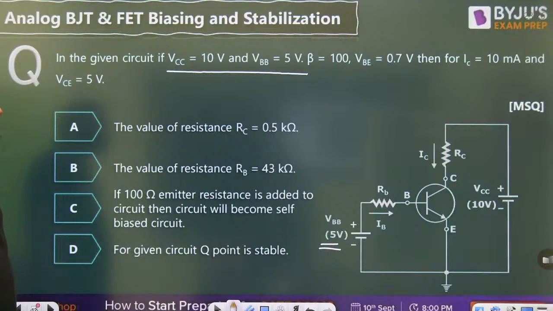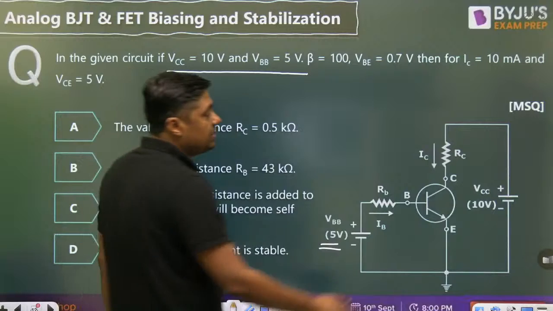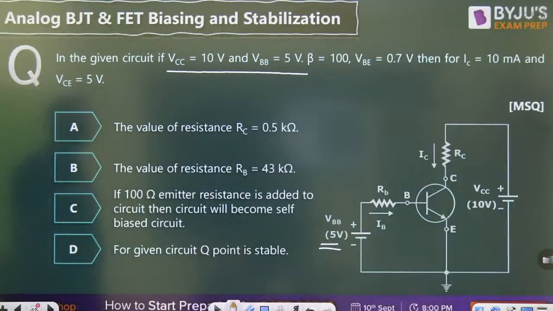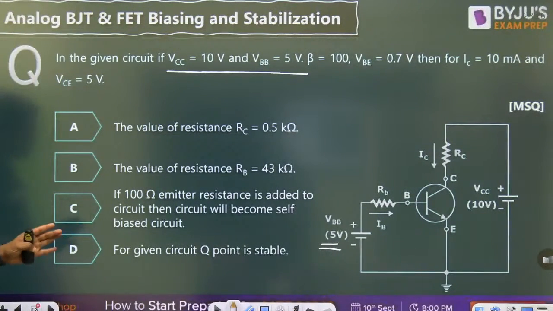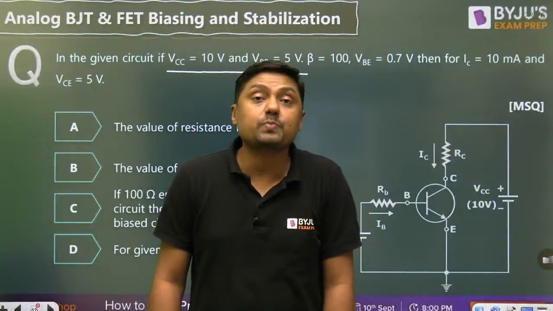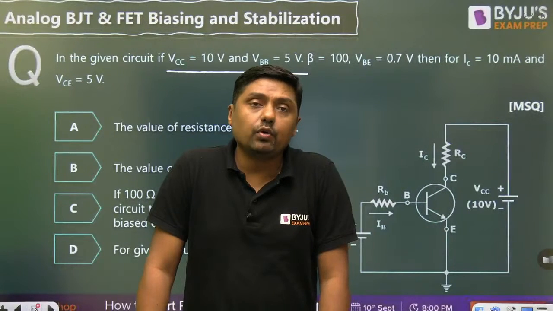Then for IC is equal to 10 milliampere. Here we are having the IC. And VC is equal to 5 volt. Wow, everything is given. Tell me which answers are correct. Theory plus numerical. That is the combination of theory and numerical. This type of MSQ we can expect in GATE 2023.